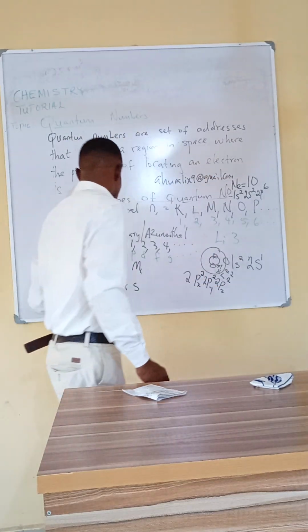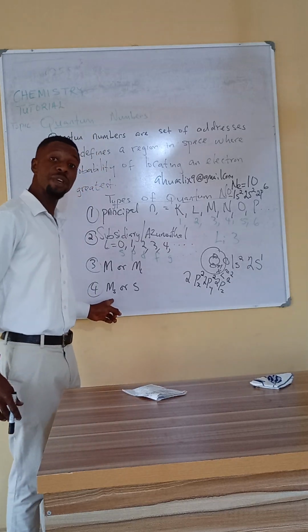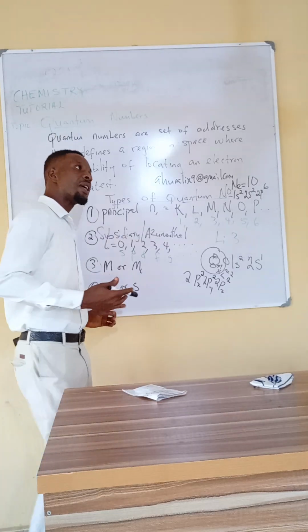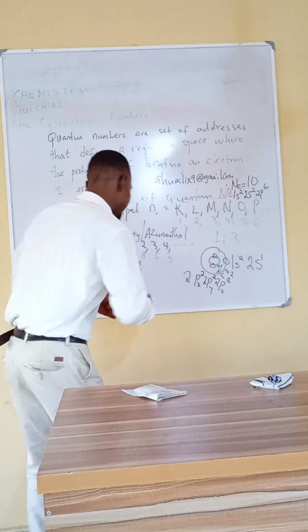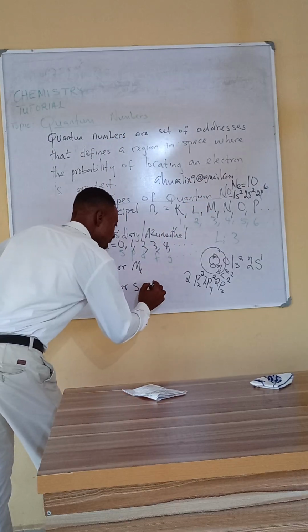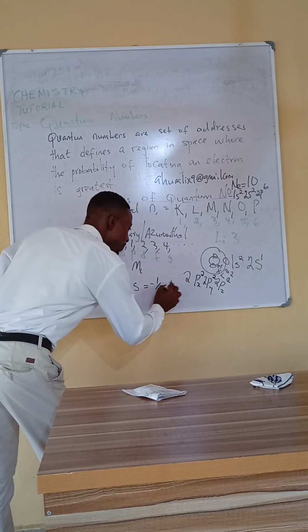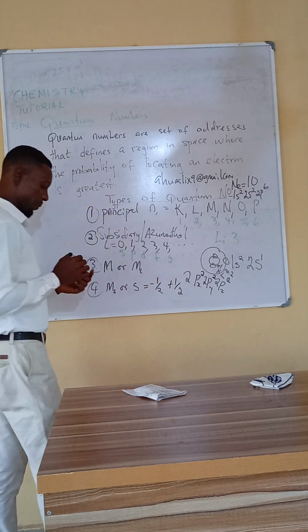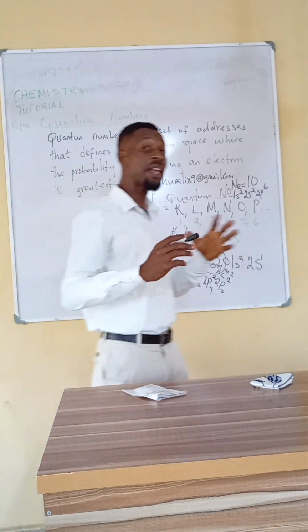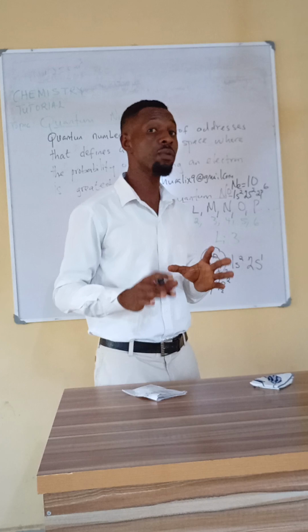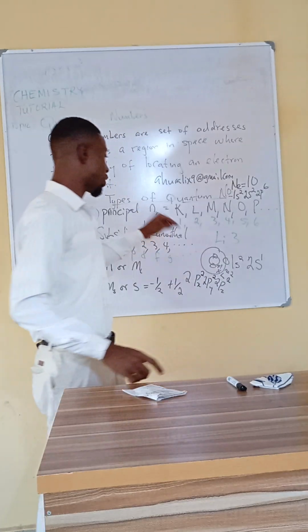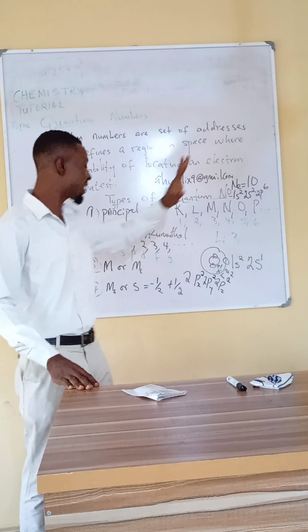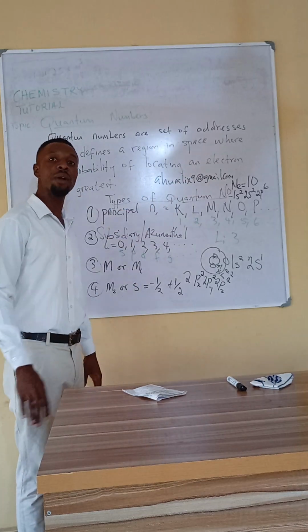And as such, this spin quantum number tells you that this electron could either be spinning up or spinning down, and it is designated with values such as negative half and positive half. And this explains why, according to Pauli's exclusion principle, no two electrons in an atom can have all the same values of the four quantum numbers.